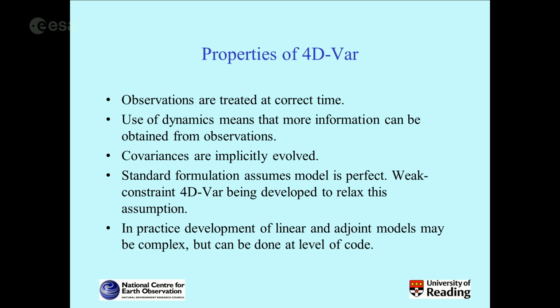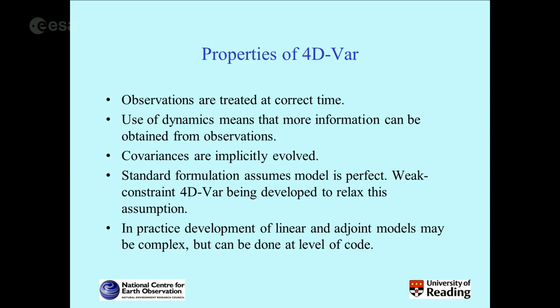However, the standard formulation assumes that the model is perfect. One disadvantage of this is that when we're comparing the model trajectory to the observations, we're assuming that the difference between them is essentially due to the observation error, this y minus Hx. But of course, the longer we make the window, it may be that when we've run our model from the initial conditions, we've got errors in our model, and they're also contributing to the difference between the model and the observations.